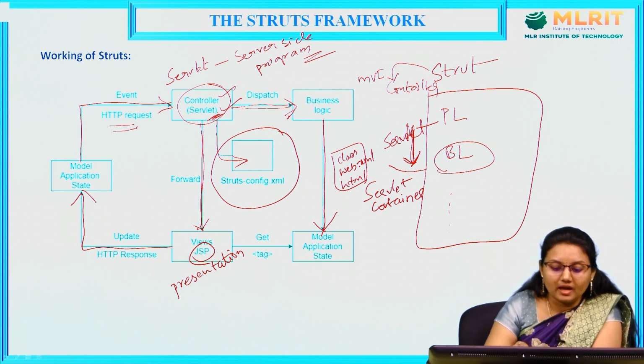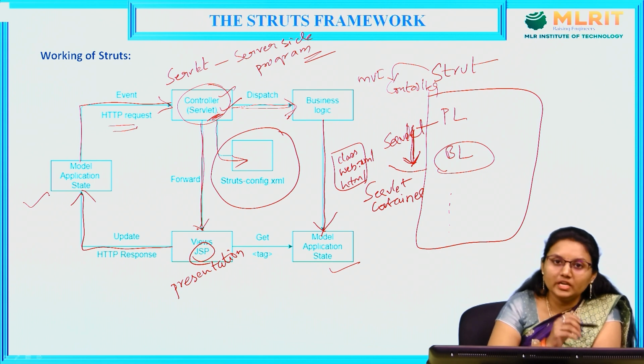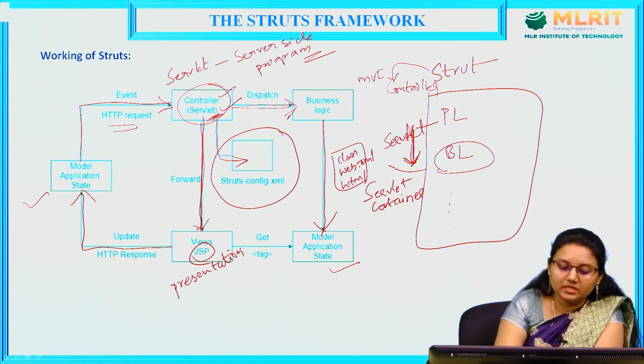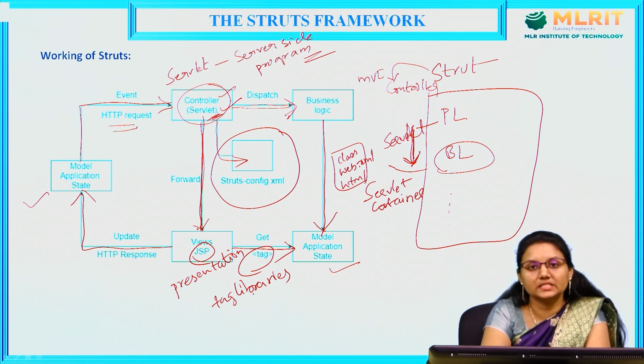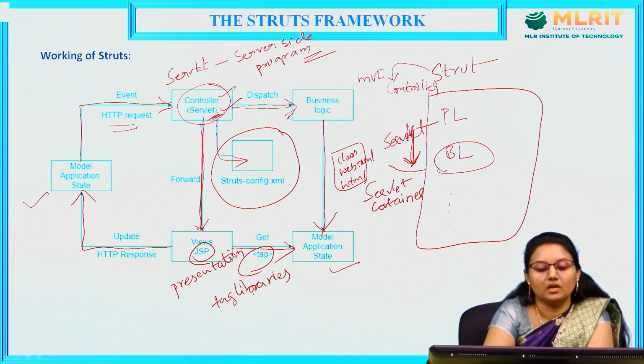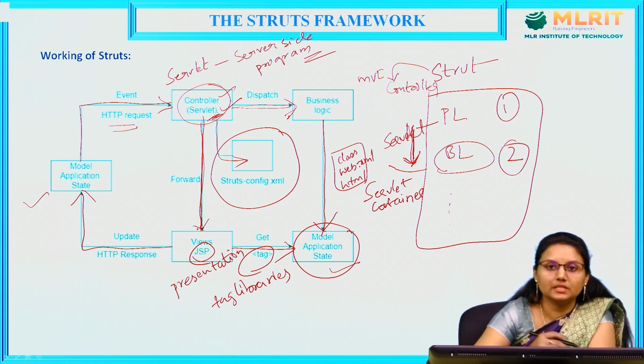So you have the model application state here and also here. If you want a presentation, it is also sent using tag libraries. You use tag libraries to send the HTML part, meaning the presentation part. So your model application state requires two things: one is presentation and the second is the business logic.